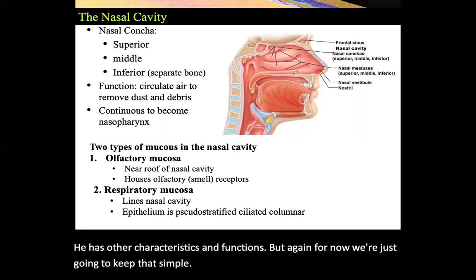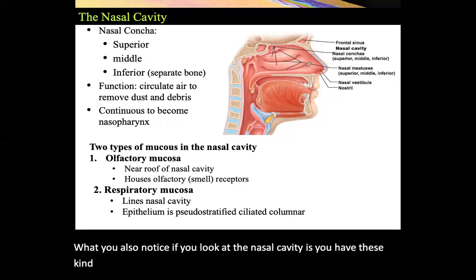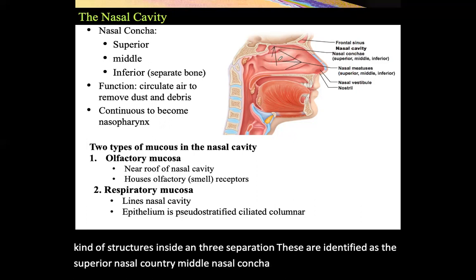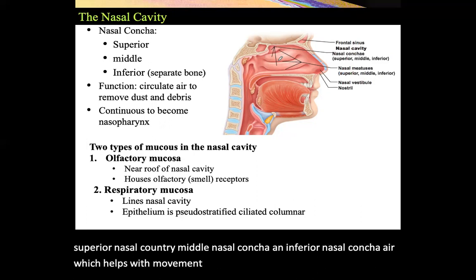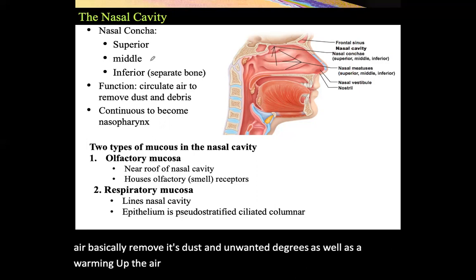What you also notice if you look at the nasal cavity is you have these structures inside, 3 separations. These are identified as the superior nasal concha, middle nasal concha, and inferior nasal concha, which help with movement and circulation of the air, helping the air remove its dust and unwanted debris, as well as warming up and moistening the air.